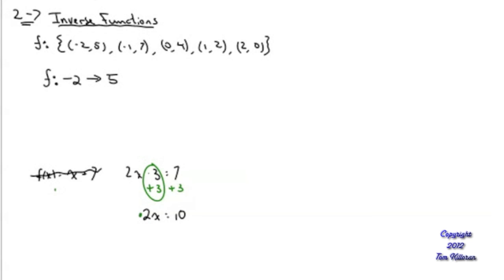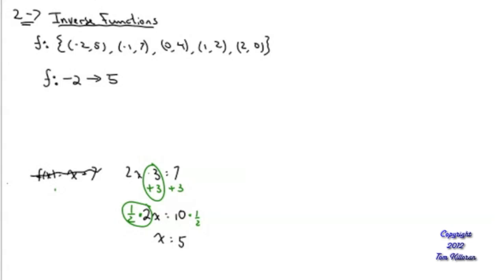So if you multiply both sides by 1/2, what are these two called? They are called fractions, but they're also called multiplicative inverses. They turn out to be 1, and you get x equals 5. Inverses allow you to solve equations because they undo what was done.